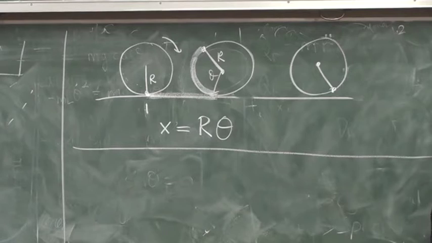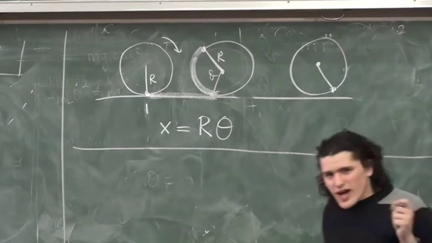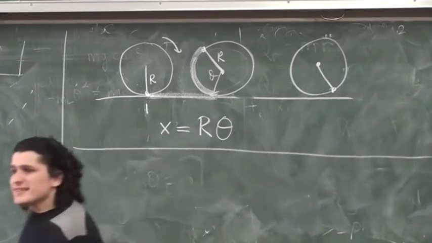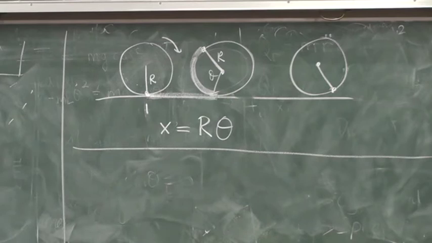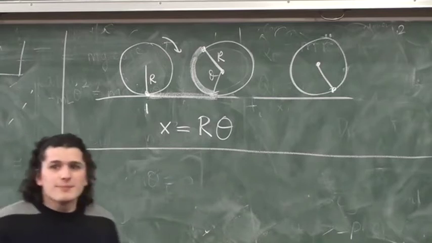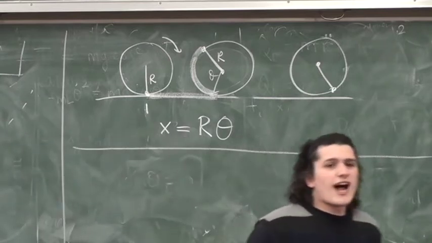Mathematically, when I say something is rolling without slipping, it means that the tip, the point of the wheel in contact with the ground, is never moving at all. It's stationary. That's what rolling without slipping means. It means that static friction is driving the system.